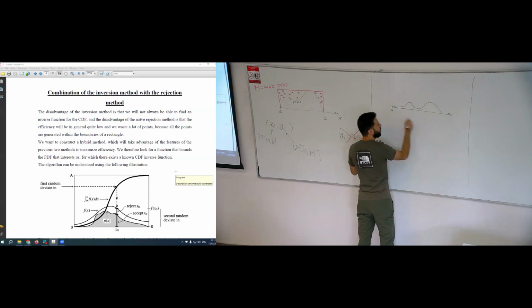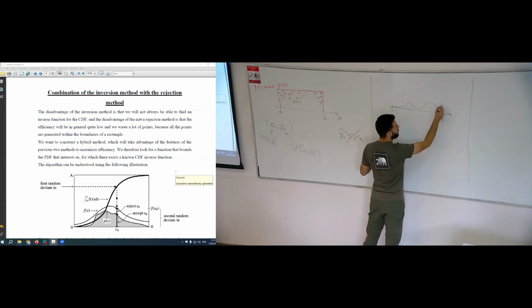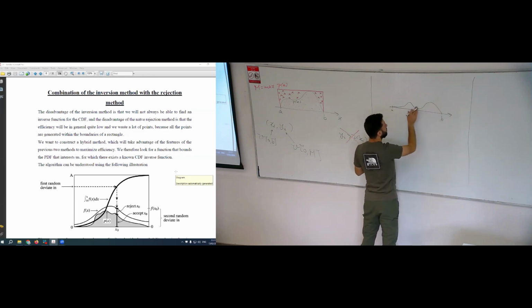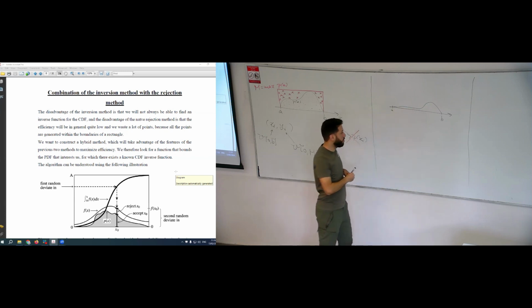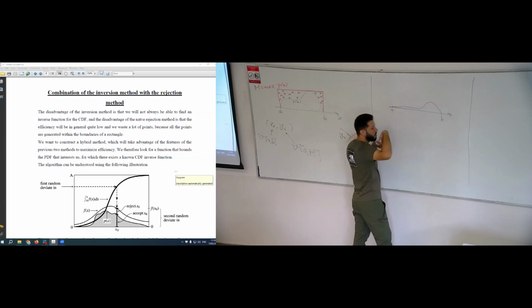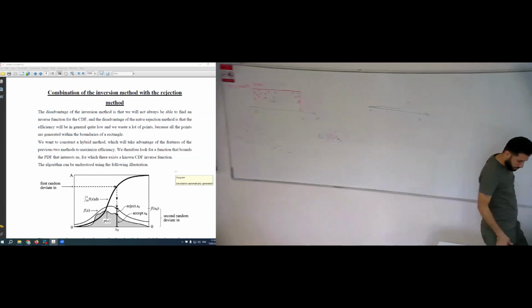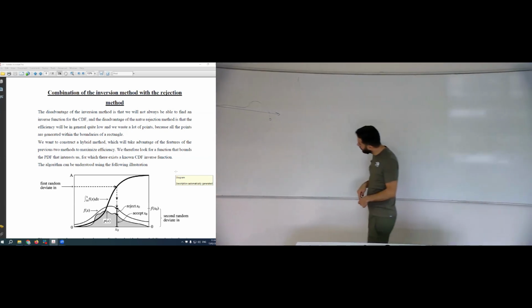So that's A, that's B. And that's the function. And you see that if I want to take a rectangular here, the efficiency will be so low. Okay.